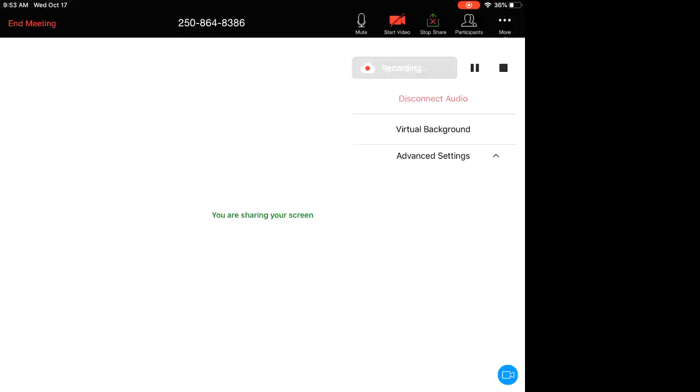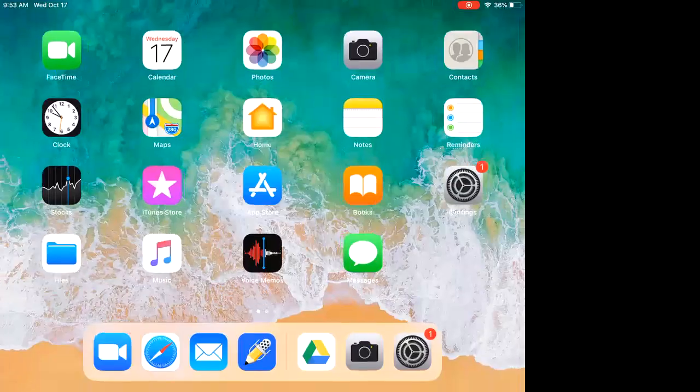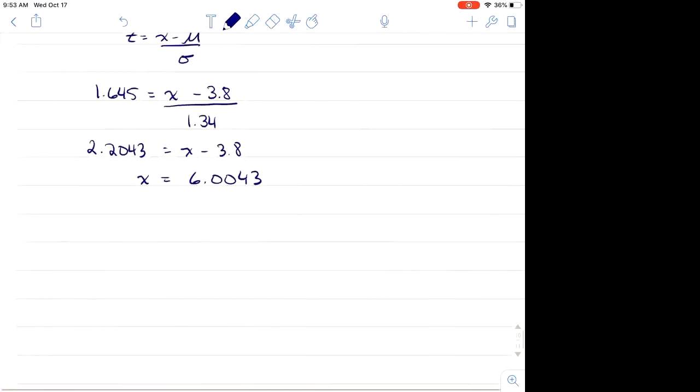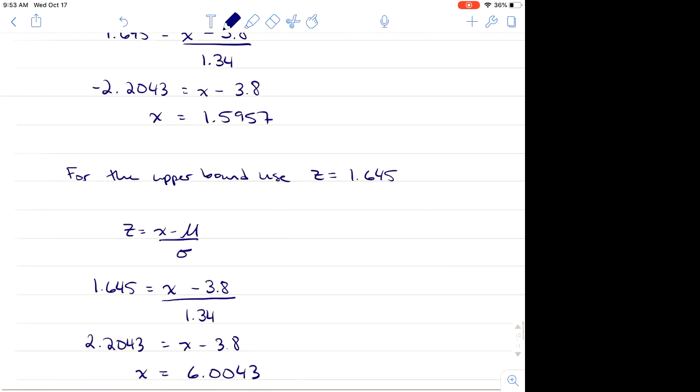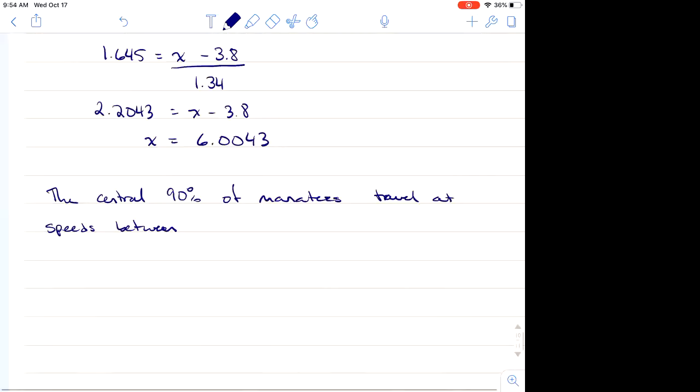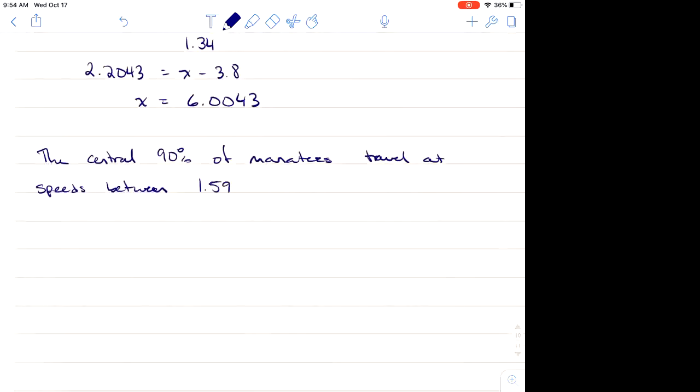So that's okay, home stretch here. So now we know the central 90% of manatees travel at speeds between the lower bound 1.5957 and 6.0043 miles per hour.